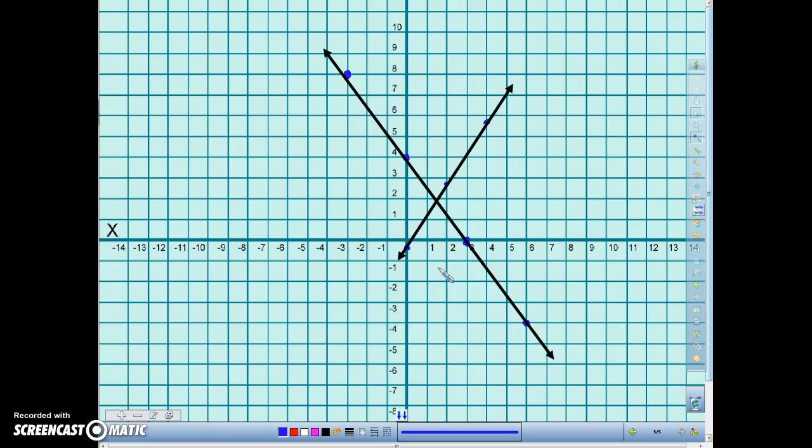Some of them cross in between. For example, this one, and you don't get an exact answer. It looks like this one crosses at approximately (1.5, 2), and that's all we can say. This is an approximate answer. We don't know exactly where that crosses.